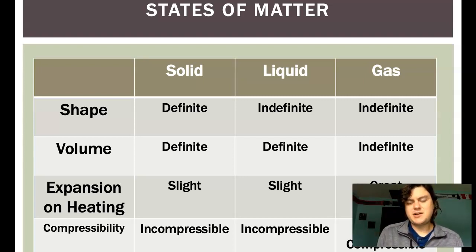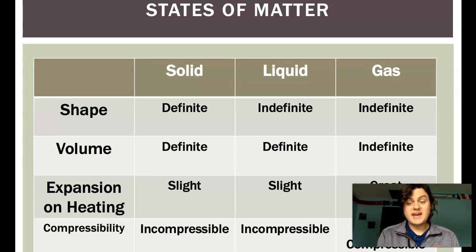This leads to the properties that we see on the table here. The shape of a gas is indefinite. Since the particles are moving freely, they spread out for whatever container they're in. This also means that their volume is indefinite. They will move in random motion, filling up whatever container they're being held in.